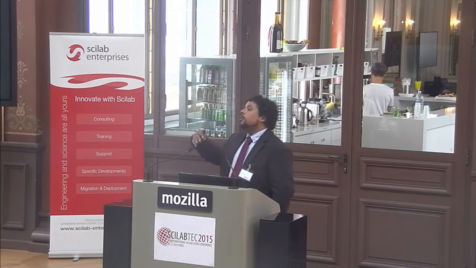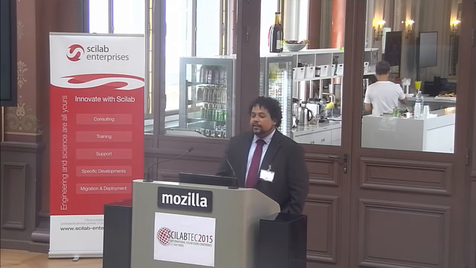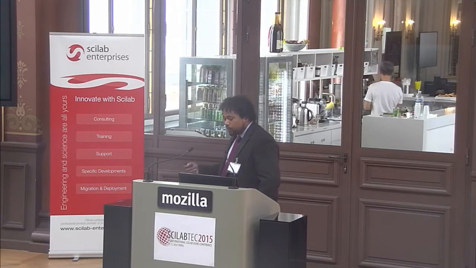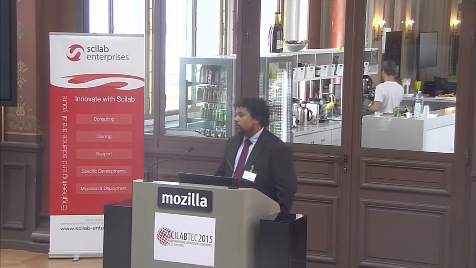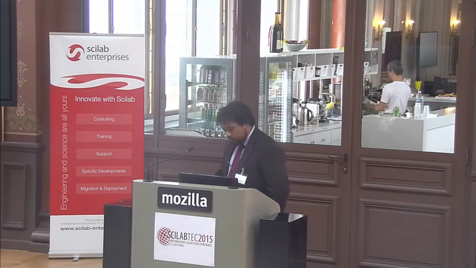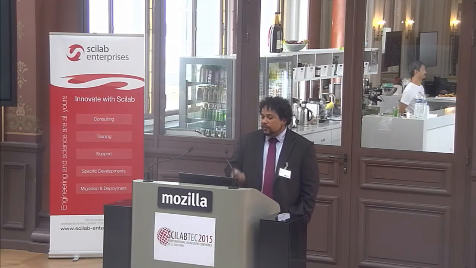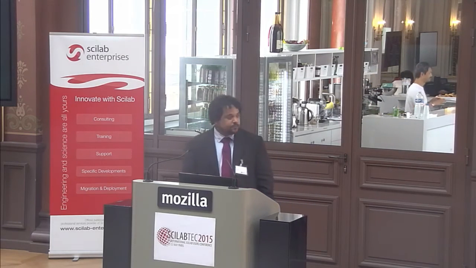We've added multidimensionality. We've also added int64 and uint64 types for those of you who are doing a lot of computation on integers, for example embedded programming. So this is now added in Scilab 6.